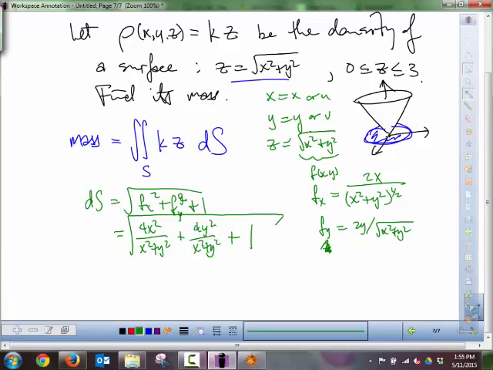I'll want common denominators. The common denominator is x squared plus y squared. So I'll have 4x squared plus 4y squared plus x squared plus y squared, so that's going to give me 5.